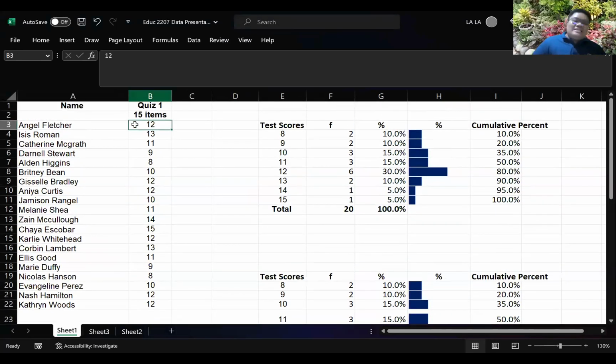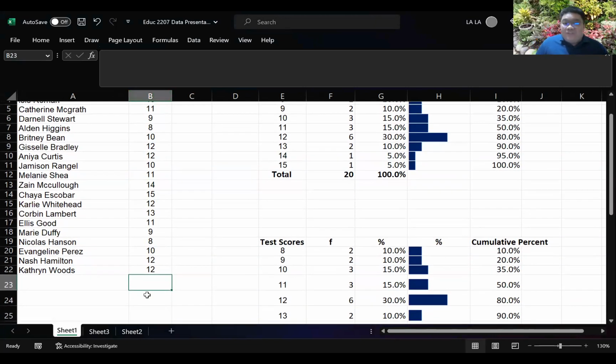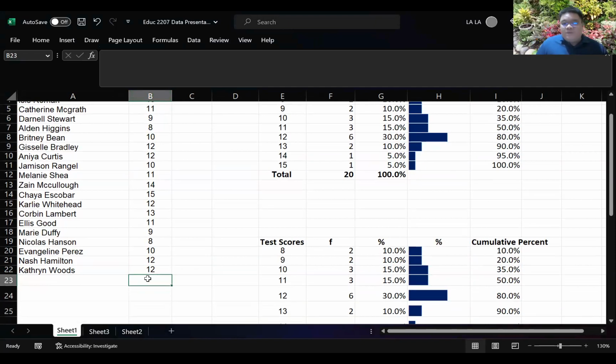Now, if you would look at this, my dear students, future educators, you will be able to see the listing of the scores that I have provided. If I would want to determine the average, here's one thing that you can do. To determine the sum, class, you just type equals sum, and then you highlight.